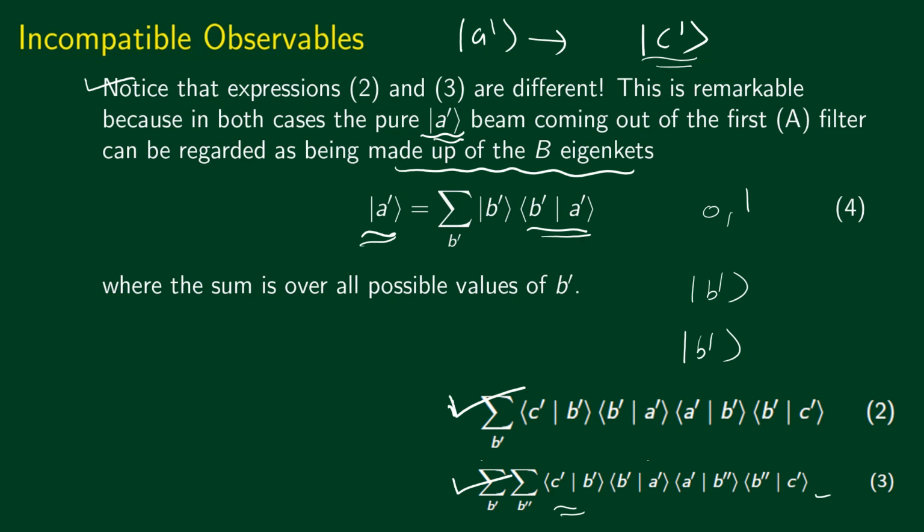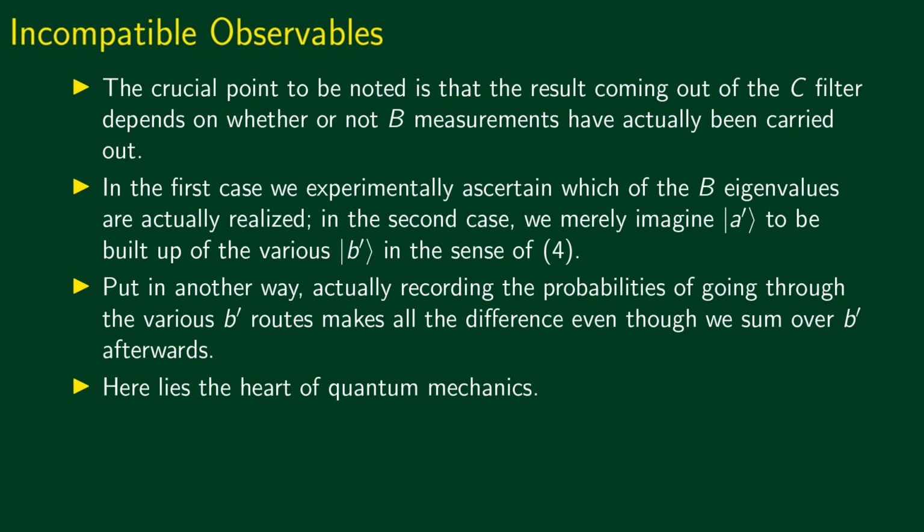The crucial point to be noted is that the result coming out of the C filter depends on whether or not B measurements have actually been carried out. In the first case, we experimentally ascertain which of the B eigenvalues are actually realized.